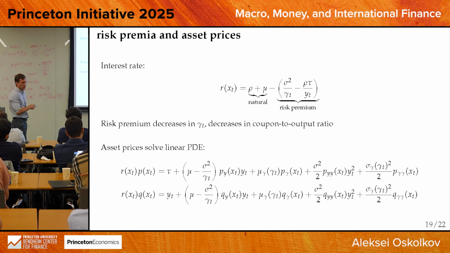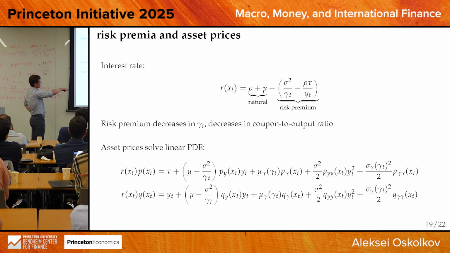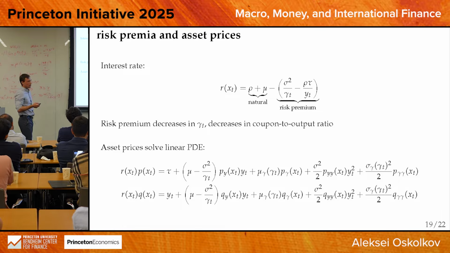Asset prices, as promised, solve linear PDEs here because the market is integrated, although not complete. They're slightly different between the bond price P and the stock price Q because of the dividend. The dividend on the bond is just the coupon. It's a perpetuity. The bond never matures, by the way. That's what the perpetuity means. The dividend on the stock is the aggregate output. The next part is just the growth part.